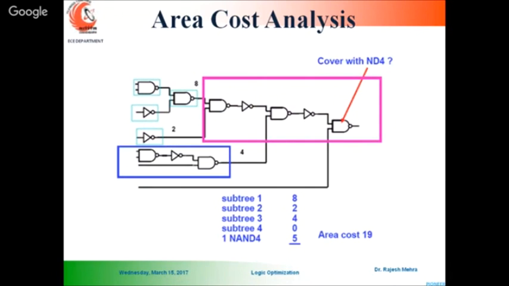We will go for some other option also. Calculate 8 plus this 4 plus this. What is this? This 5 input and plus this 2. What is the total cost? It is 8 plus 2. It is 19, right?